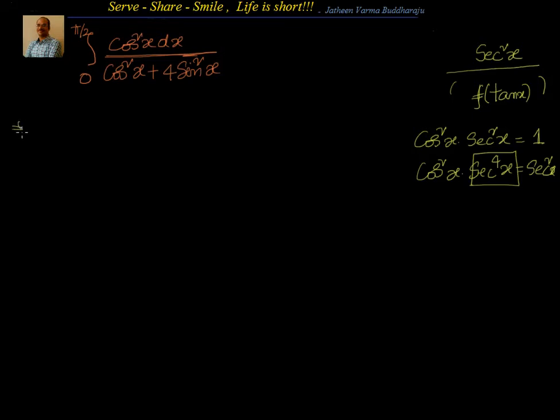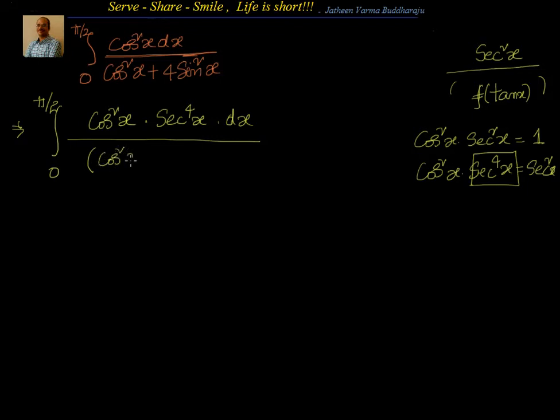So the first step we will write is: this is equal to the integral from 0 to pi by 2 of cos square x. We know that we have to multiply with secant to the power of 4x. So we write cos square x into secant to the power of 4x dx divided by cos square x plus 4 sin square x, and we will multiply that also with secant to the power of 4x. Now let's simplify that.